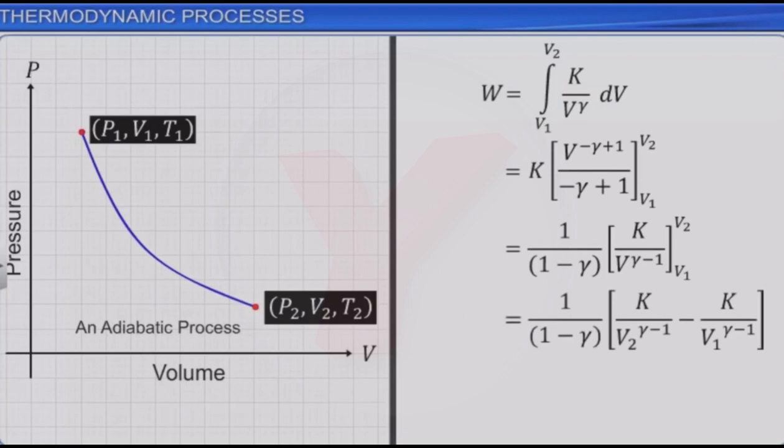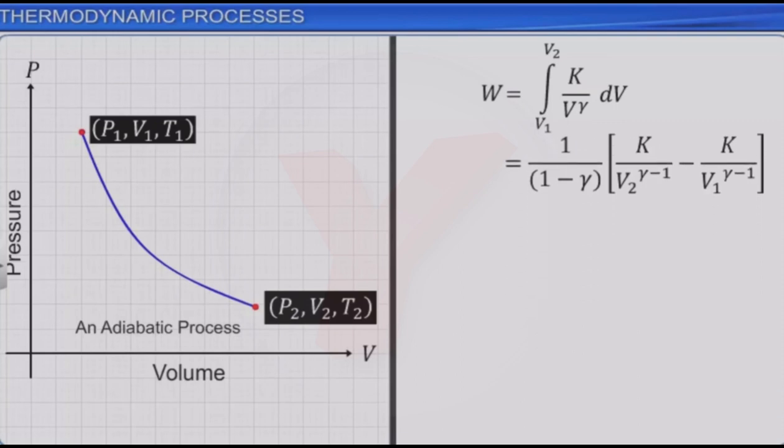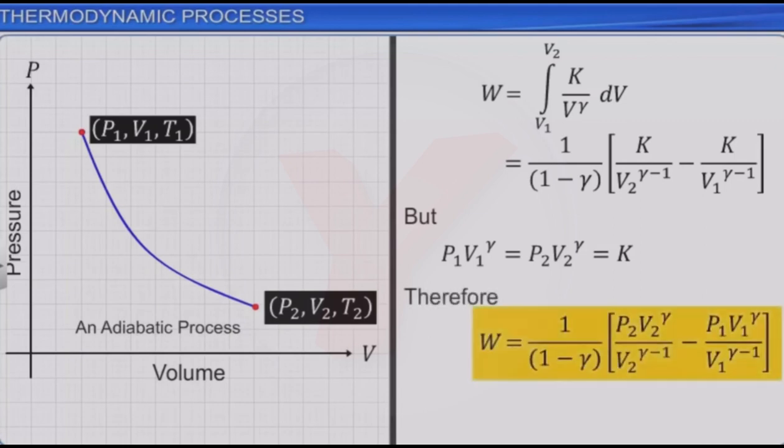But P1 V1^γ = P2 V2^γ = K. Therefore, W = 1/(1−γ) times [P2 V2^γ / V2^(γ−1) − P1 V1^γ / V1^(γ−1)], which is equal to (P2 V2 − P1 V1) / (1−γ).